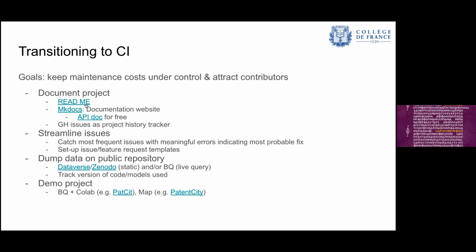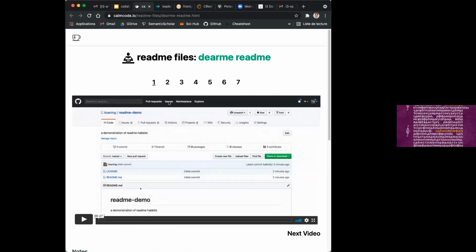And I think that theoretically you have access to the Google Slides, and I linked to an external resource which explains some good practices about how to build a README. And actually, the website is calmcode.io.